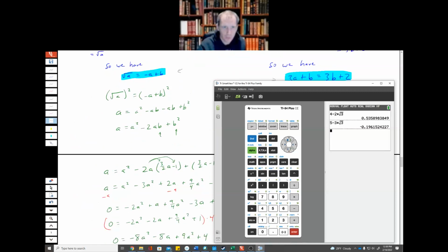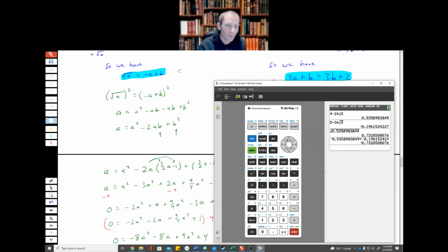So here's my square root equation, right? Square root of a gives me that. And I'm going to take negative a plus b. Negative a plus b. And they don't match. They're the same number, but the second one is negative, right?